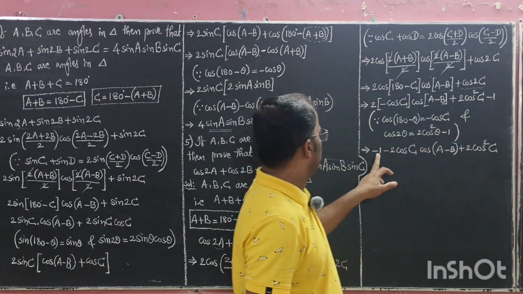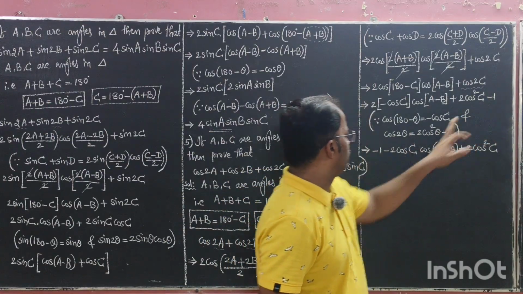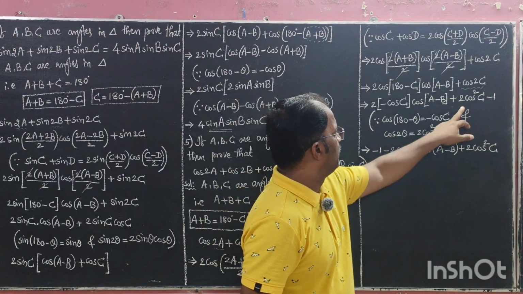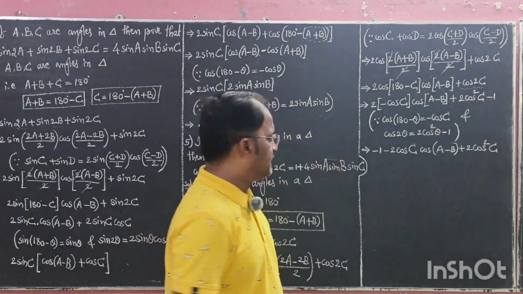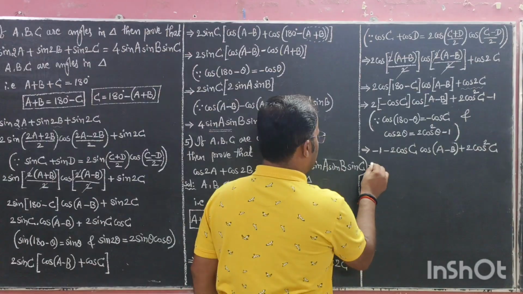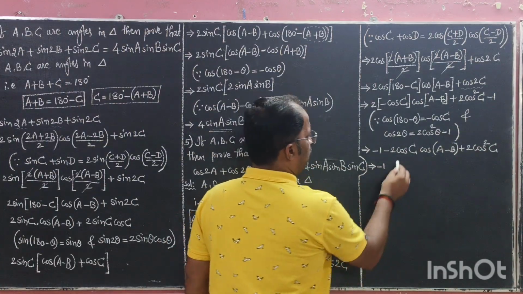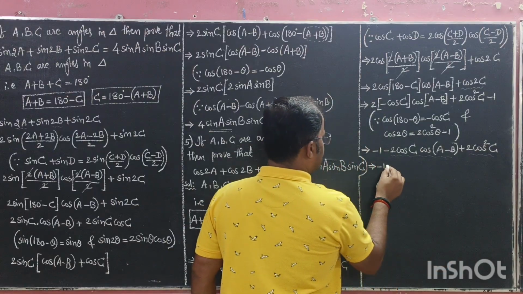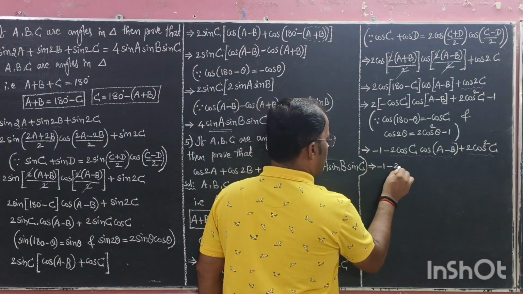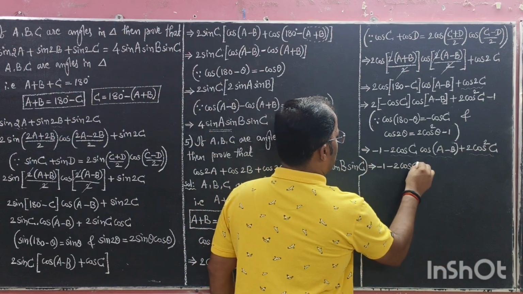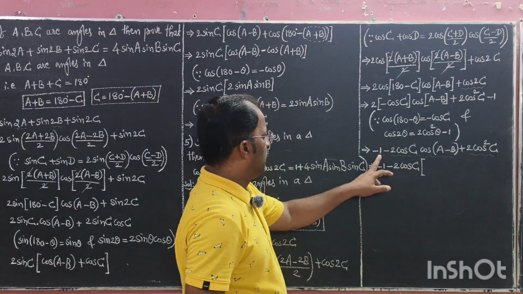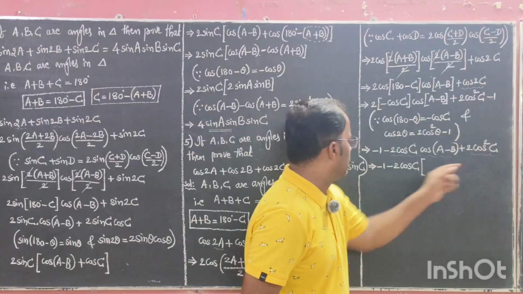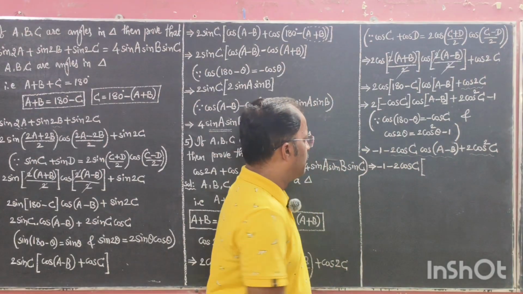Minus 1 first, then minus 2 cos C into cos of A minus B plus 2 cos square C. This minus 1 as it is. Listen carefully: minus 1 as it is, and from this one and this one, let minus 2 cos C be common.